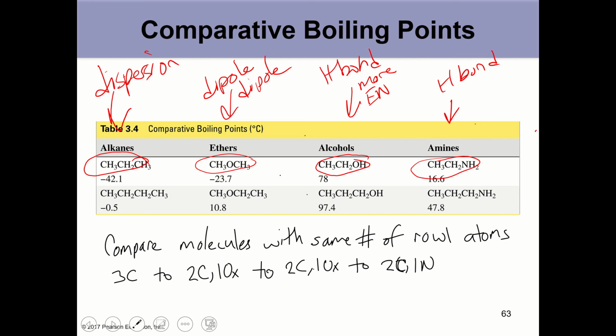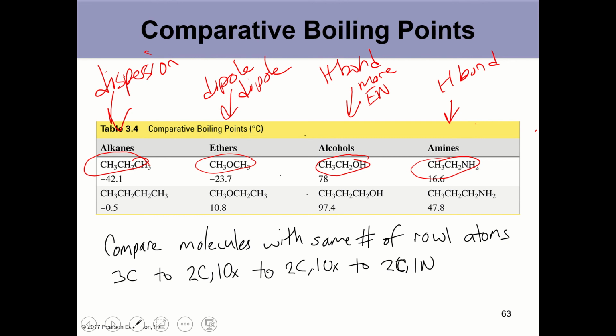To compare, we should have molecules of relatively the same size and mass, and the number of row 1 atoms should be relatively equivalent. Any molecule that had more row 1 atoms, 4 carbons, 2 carbons and 2 oxygens, etc., would likely have a larger boiling point than molecules that have only 3 row 1 atoms.